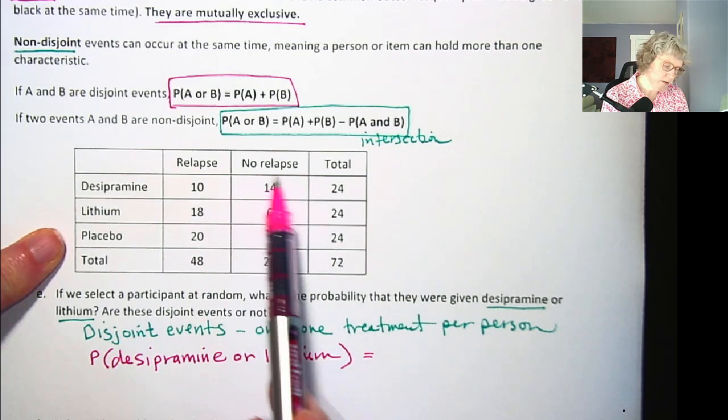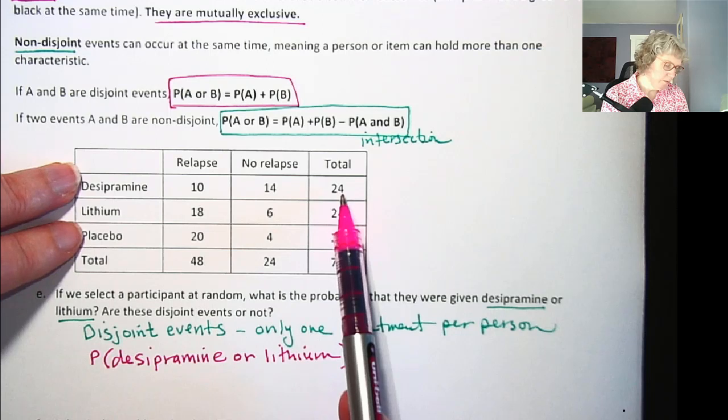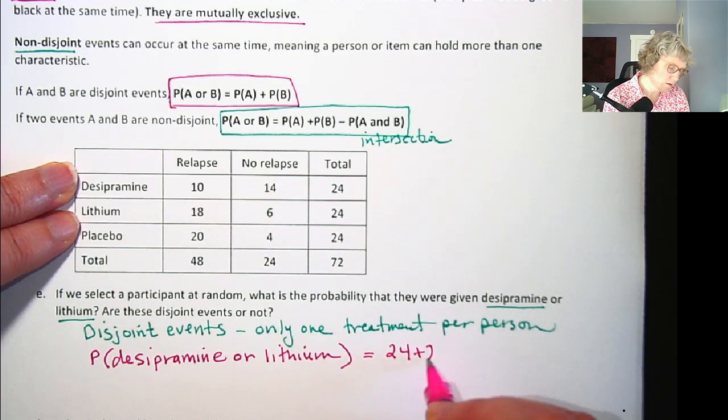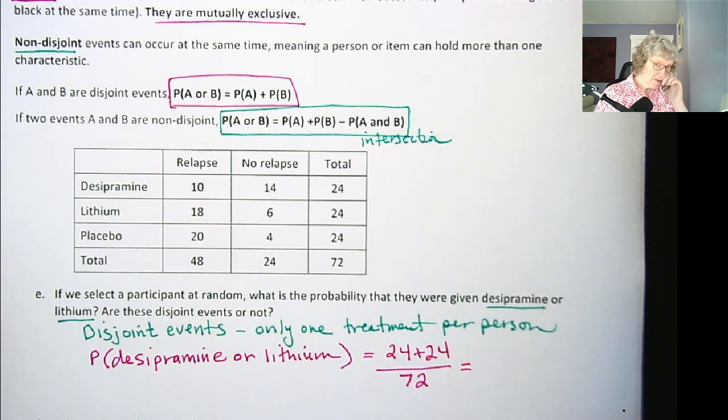Again, they're not talking about relapse or not, so we would go all the way over to the total, desipramine and lithium. That would be 24 plus 24 out of 72. So that should be 2/3, right?